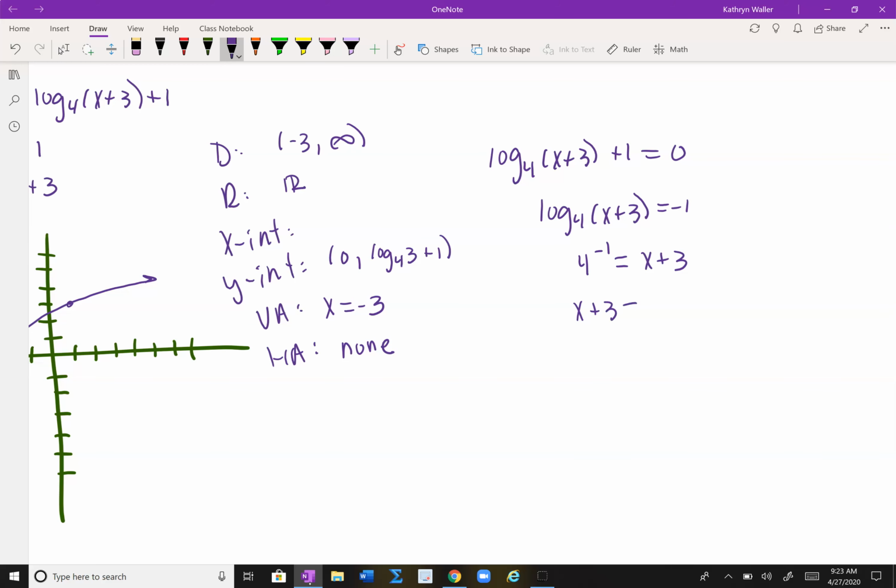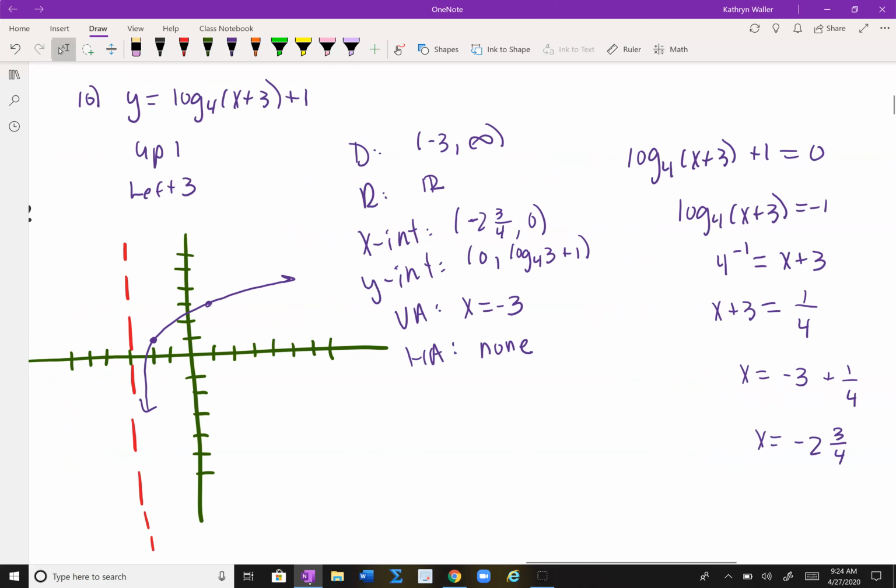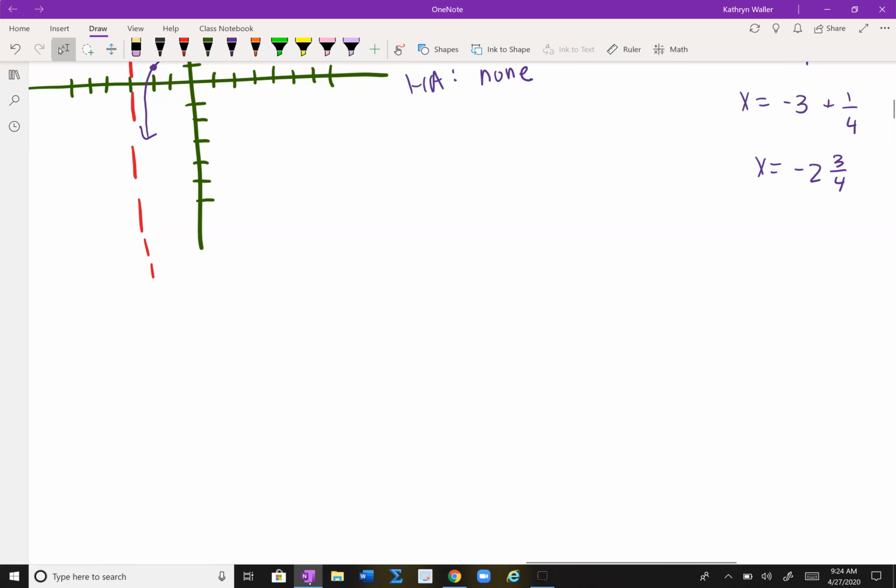That gives me x plus 3 equals 4 to the negative first, which is just 1/4. Then I pull my 3 over and it becomes a negative. And I can do that in my head, and I know that's negative 2 3/4. So I'm going to go negative 2 3/4, comma 0, and I'm done. Okay? All right, that was number 10.